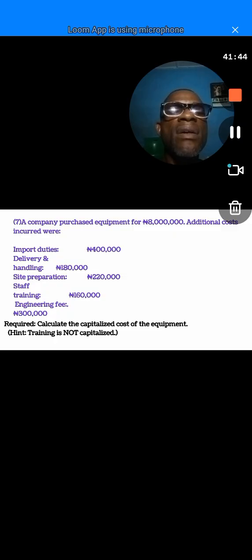Additional costs incurred were as follows: import duty 400,000, handling and delivery cost 80,000 naira. Then site preparation cost is 220,000. So we are to solve it.